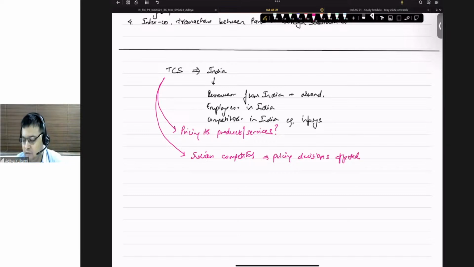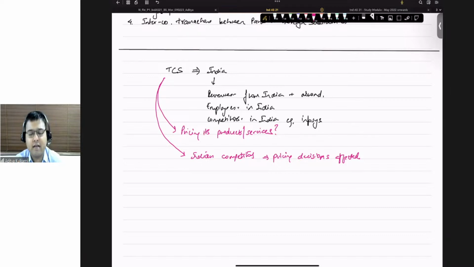Next, if TCS has to pay salary to its employees, what is it going to factor in? Is it going to factor in the similar prices of employees outside India? Or will it look at the same workforce? What is the general salary based on conditions situated in India?